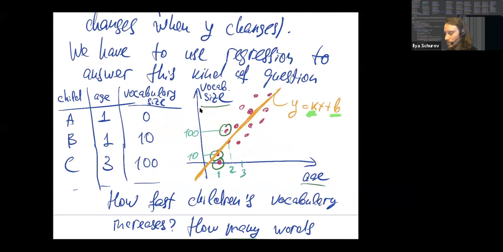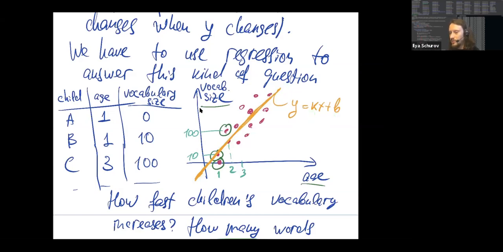If you have different straight lines, they have different k and b. So to choose a line that fits our data in the best possible way is the same thing as to choose this k and b.